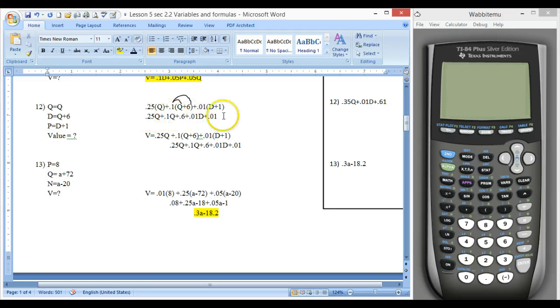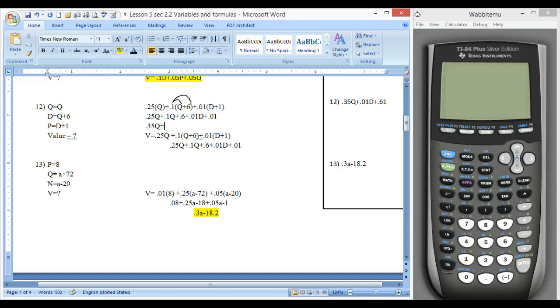Now in this case, I have things that I can combine. I have two terms with Q, so I can add those together. 0.25 plus 0.1. You did this by lining up your decimals in the previous lessons. So I have 0.25 and 0.1 added together gives me 0.35Q. Nothing can add to the D, so that one's all by itself.